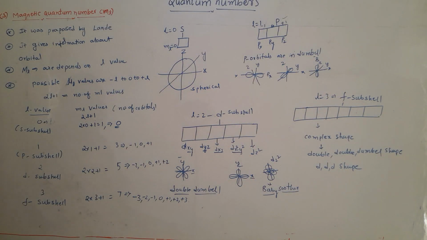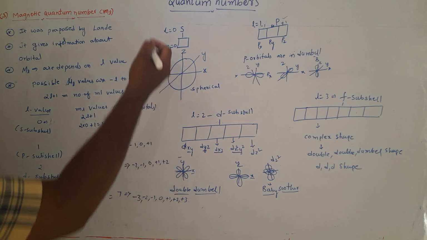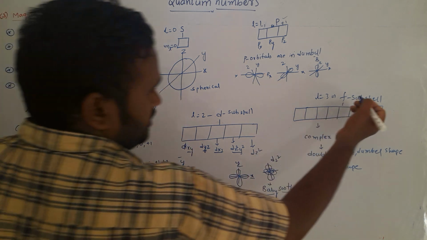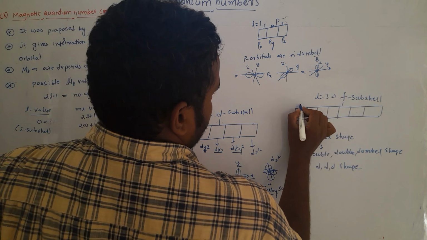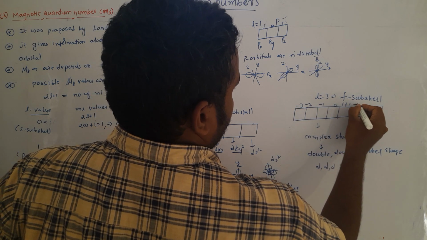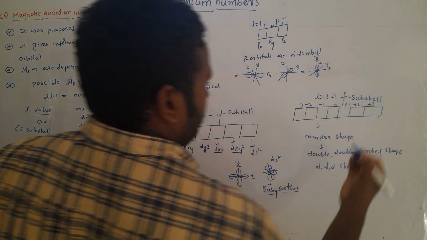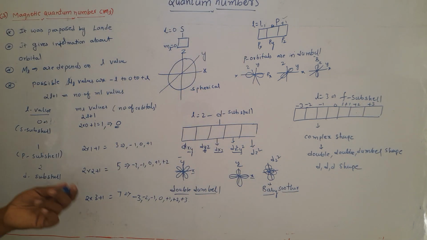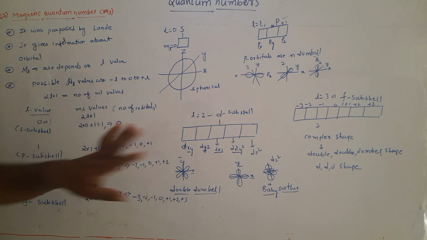So this is about magnetic quantum numbers. Magnetic quantum numbers give information about the subshell. So for the f subshell, the values are -3, -2, -1, 0, +1, +2, +3. This is about the magnetic quantum number, which gives information about the subshell.